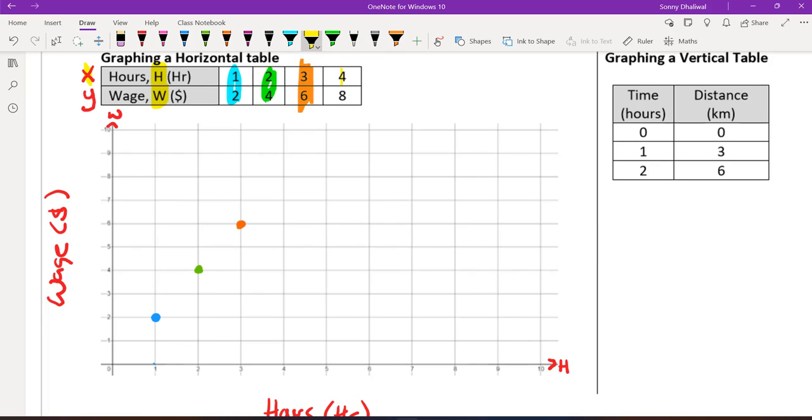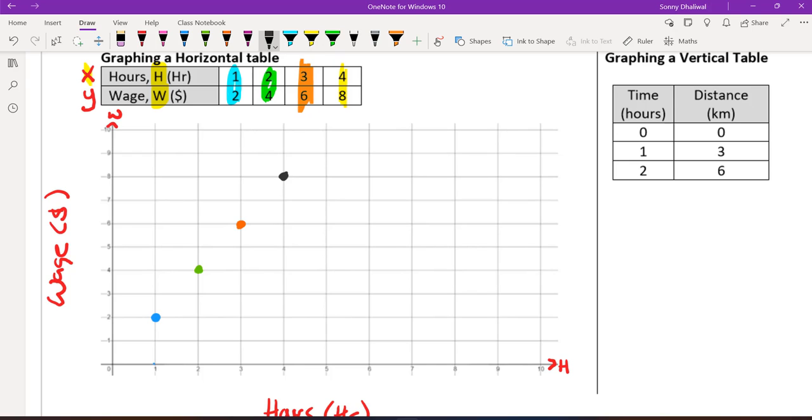And finally, 4 and 8. This trend of us going upwards. Just about everything we're going to do in this unit is going to be a line. So if your graph doesn't look like a line, chances are you've made a mistake.